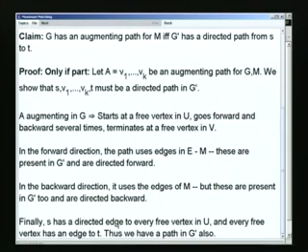S has a directed edge to every free vertex in U, and of course, V1 must be a free vertex since it is an augmenting path, so S to V1 must be an edge in G prime. Similarly, Vk to T is also an edge because every free vertex has an edge to T. So, that is also present in G prime, and thus we have a path in G prime also. So, this entire thing is a path in G prime exactly as we wanted.